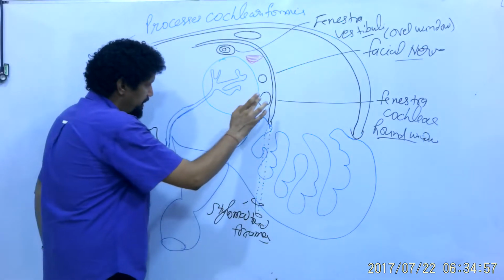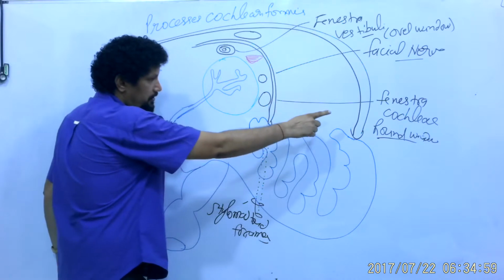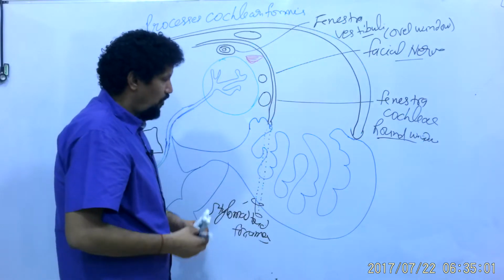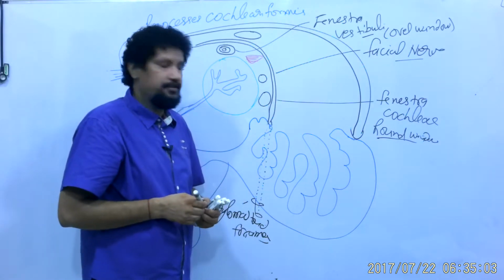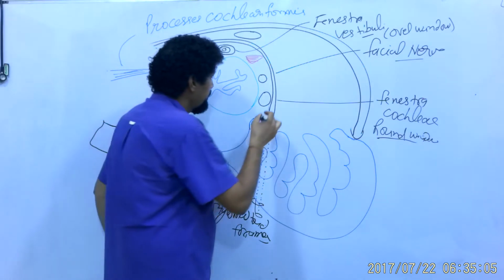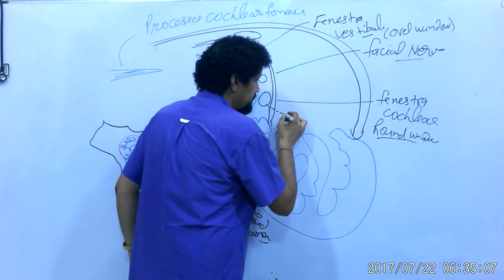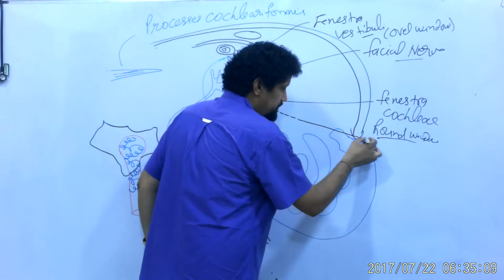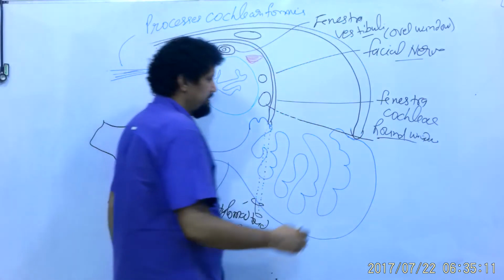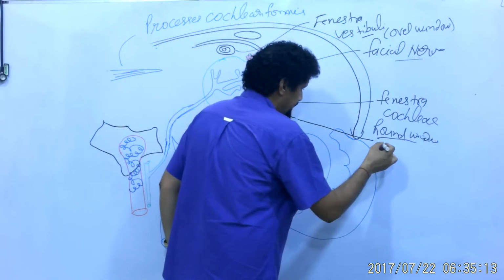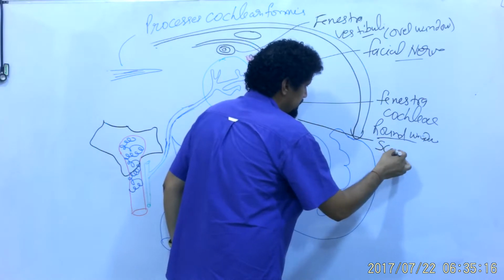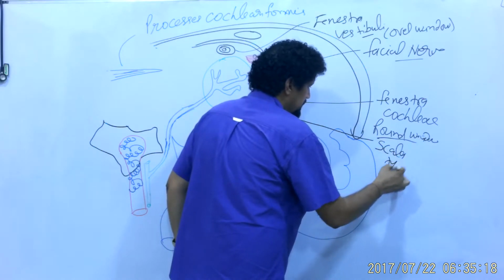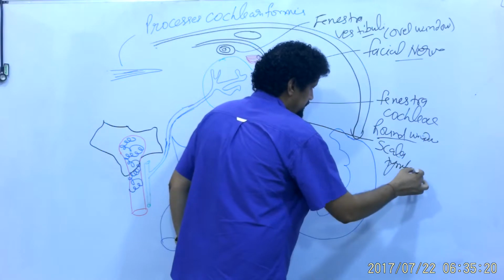This opening, the fenestra cochleae, opens in the scala tympani. This is not sinus, this is scala tympani.